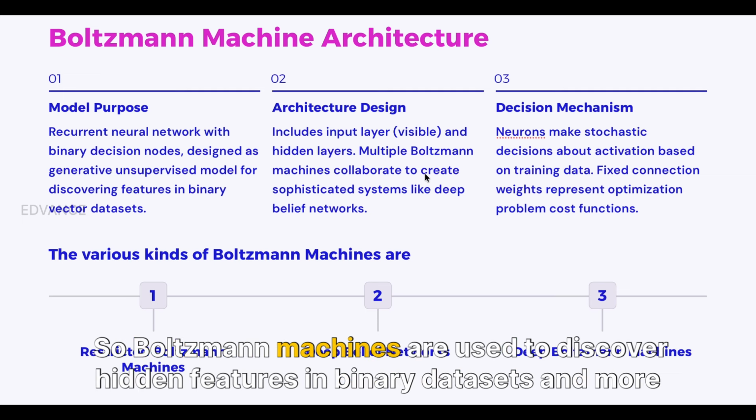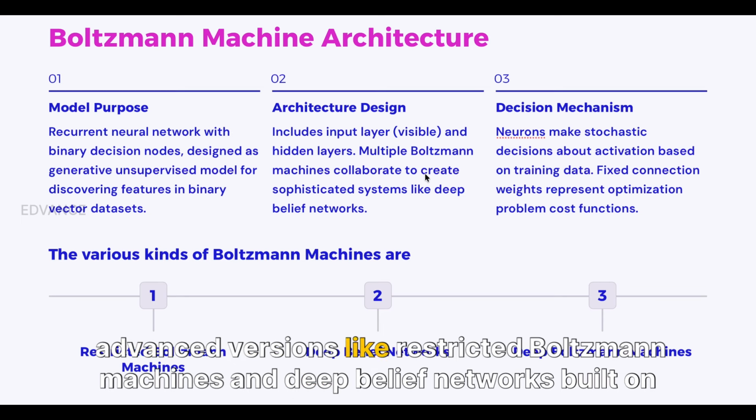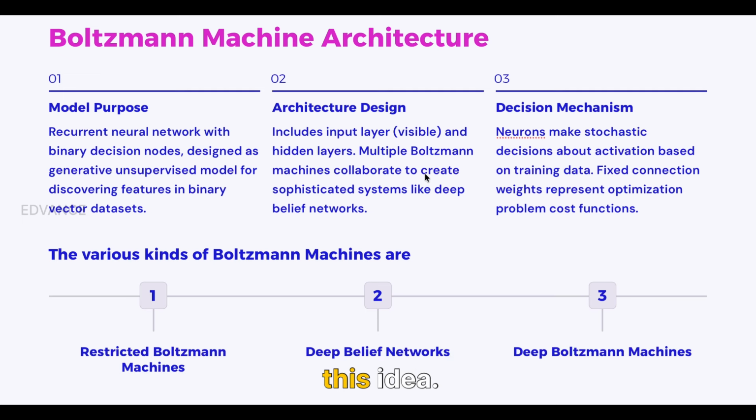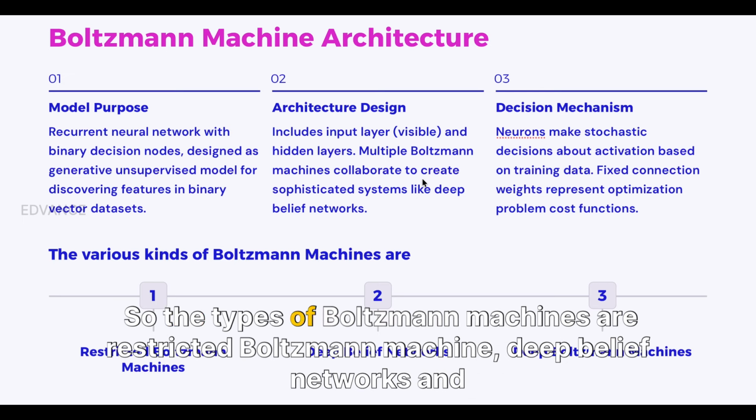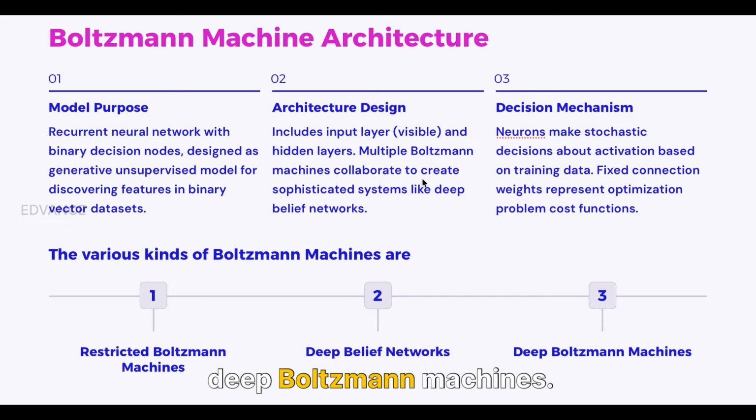So, Boltzmann machines are used to discover hidden features in binary datasets. And more advanced versions like restricted Boltzmann machines and deep belief networks built on this idea. Even though they are less popular today, they laid the foundation for deep generative modeling. So the types of Boltzmann machines are restricted Boltzmann machine, deep belief networks, and deep Boltzmann machines.